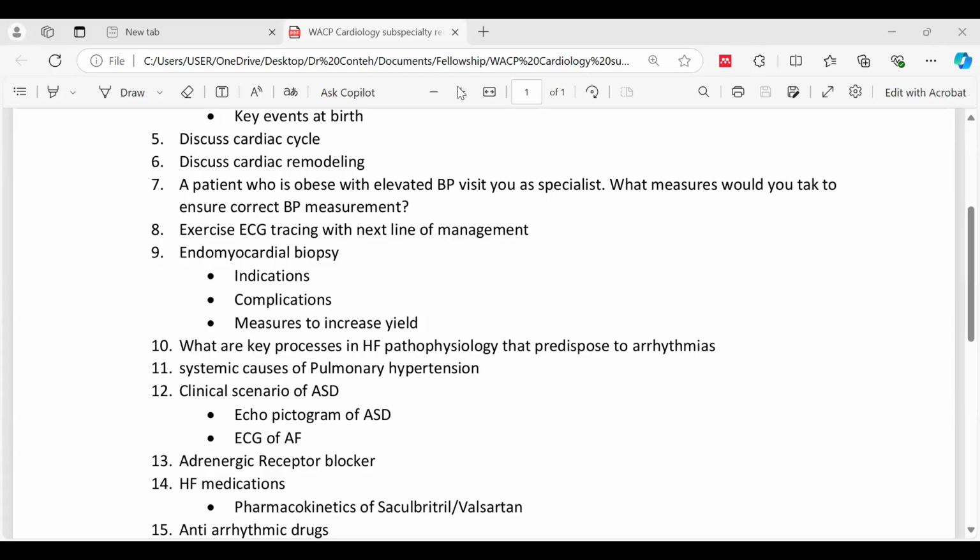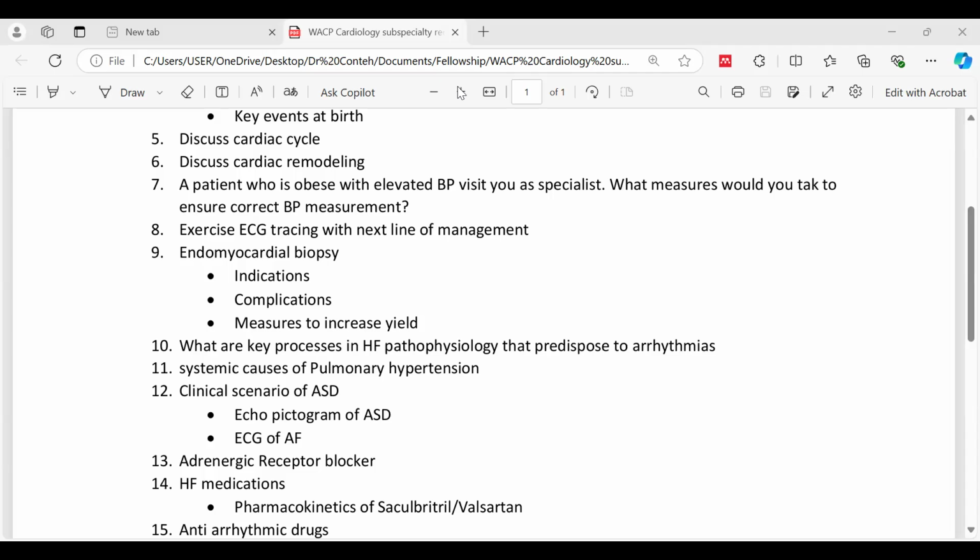Okay, thank you so much, Chief. So in the chat room, they're saying let's not forget other indications of TST, like assessment of functional capacity, diagnosis of exercise-induced arrhythmias, assessing valvular abnormalities like AO.